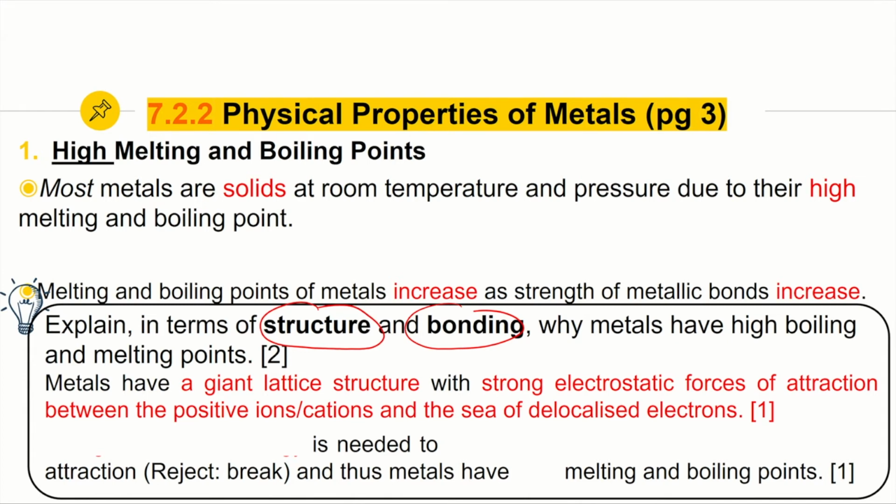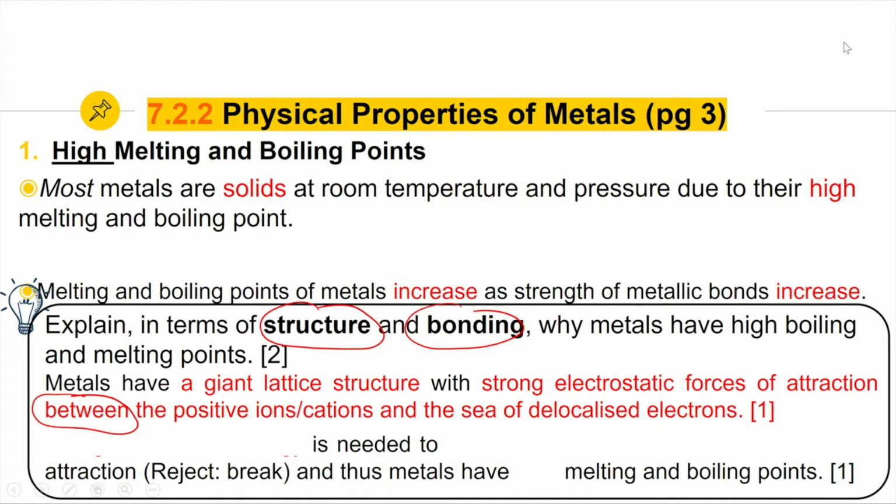Together, they're held together in this structure because of the strong electrostatic forces of attraction. Always mention the word between, because you need to state this attraction is between what and what. For metals, it's between the positive ions and the sea of delocalized electrons.